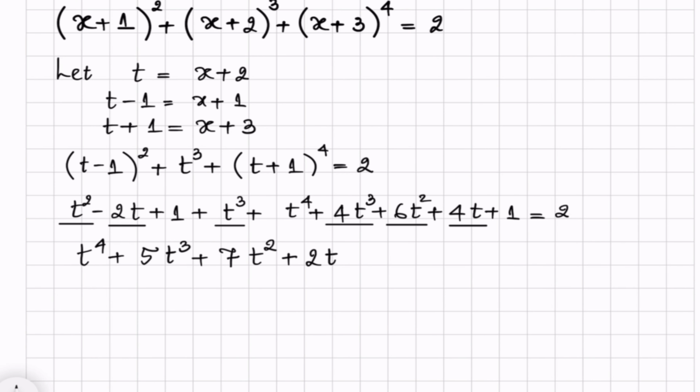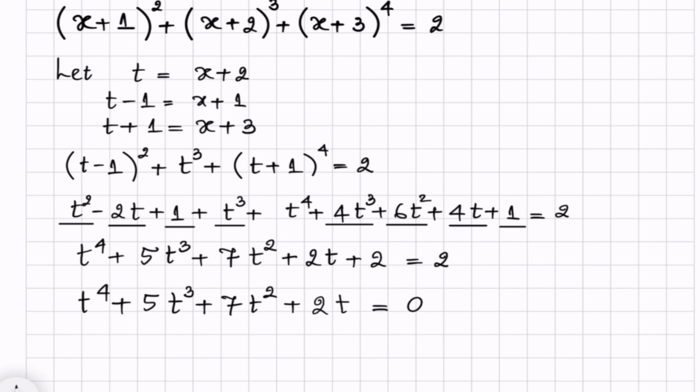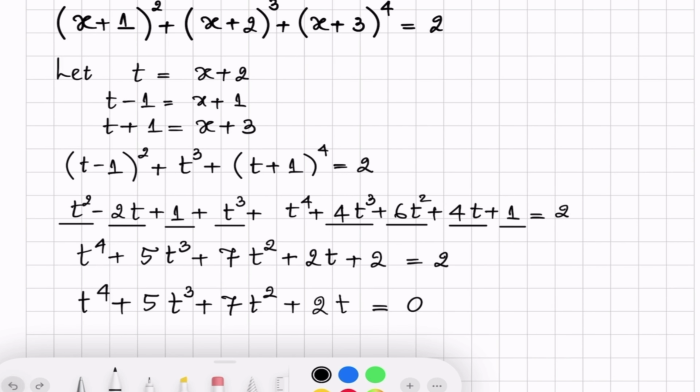And then 1 plus 1, we will get 2 equal to 2. So we will have t to the power 4 plus 5t cubed plus 7t squared plus 2t equal to 0, because we have 2 here and here, we can cancel it out.